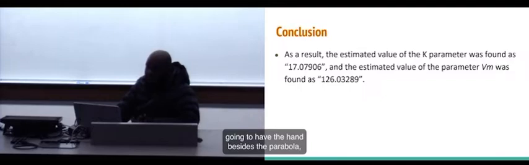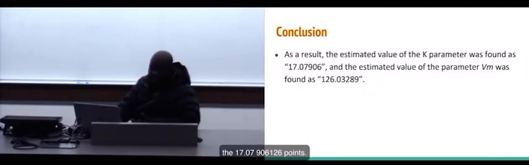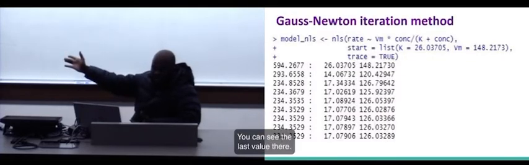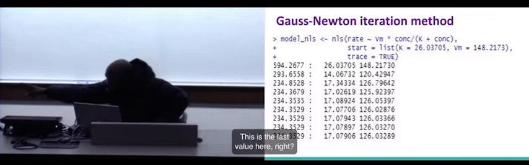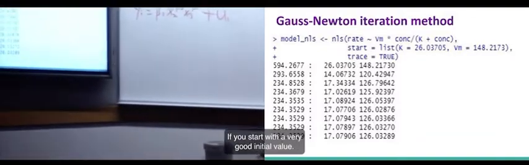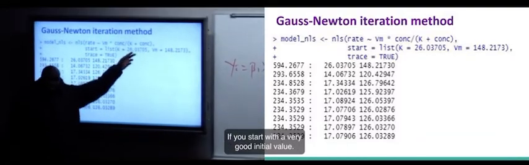And in the end, these are the parameters, 17.07906 and 126 point something. So take a look at that here. You can see the last value there, right? But let me tell you this: you'll be able to get to your results on time if you start with a very good initial value.